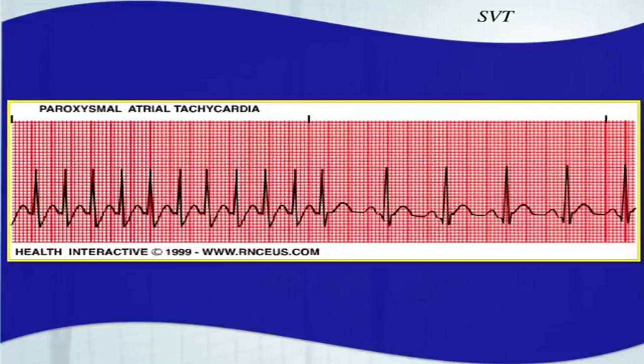So here's something that we haven't mentioned yet, the word paroxysmal. Paroxysmal means it comes and goes. So sometimes you'll hear the word PSVT, or paroxysmal supraventricular tachycardia. What that means is it waxes and wanes. It comes and goes. So you'll have some SVT and then it'll break on its own without treatment. Now for PSVT, adenosine would not be the treatment of choice.